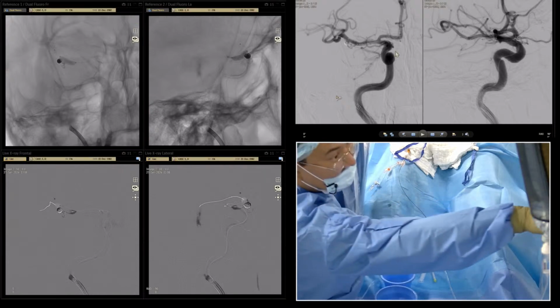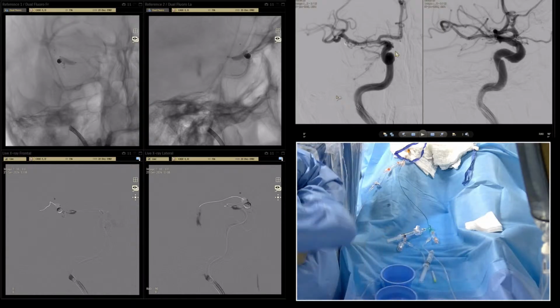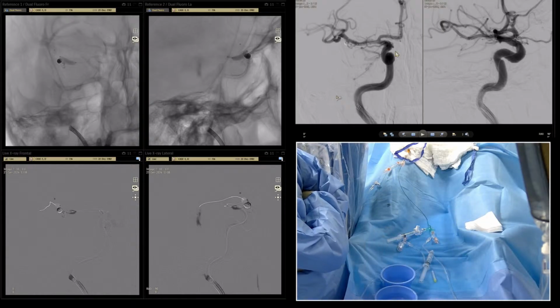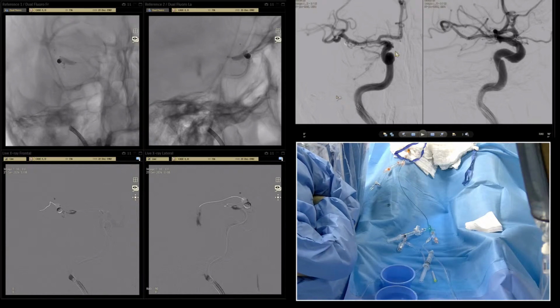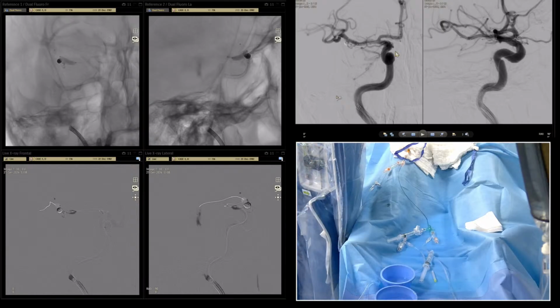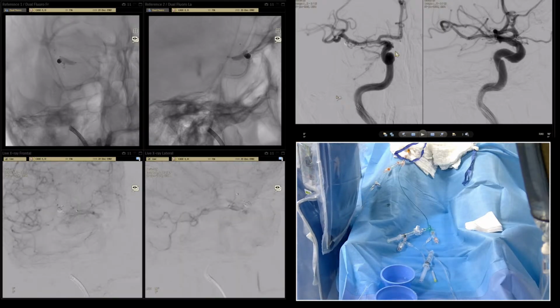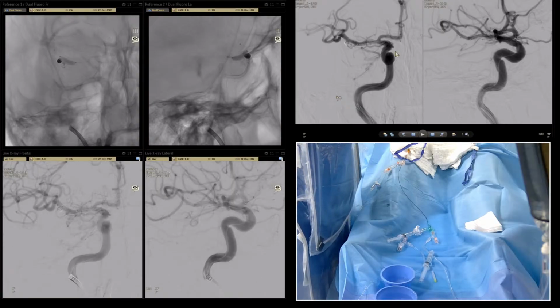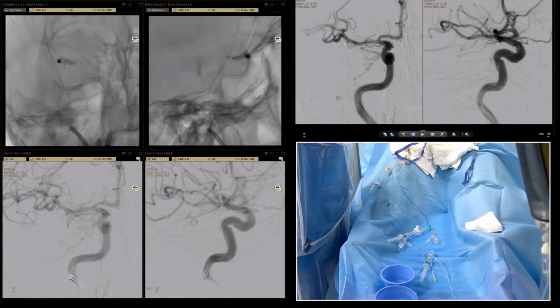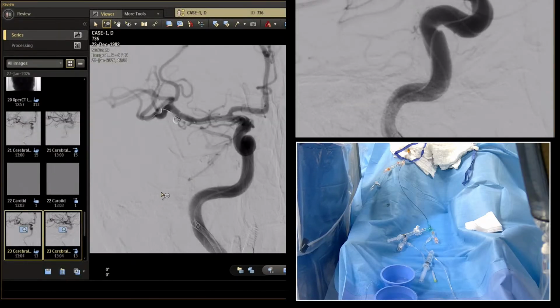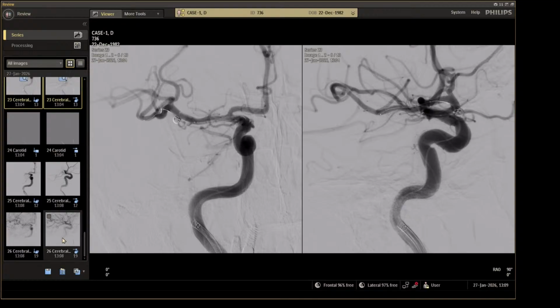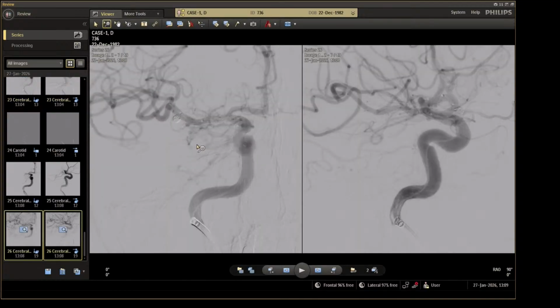The first branch. Yes, I think it's coming from there. It looks like it's coming from there. Maybe this one, huh?